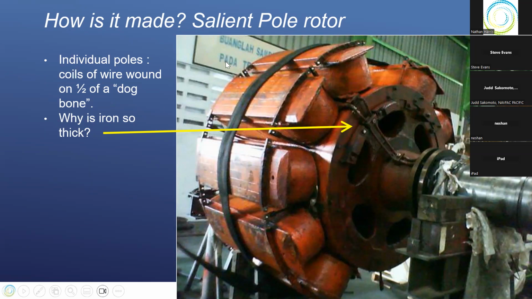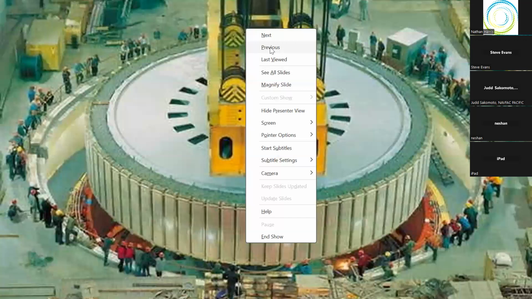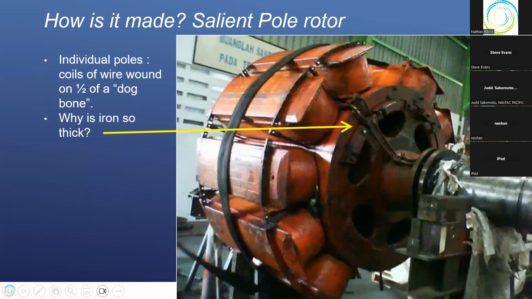If you look at this, you've got individual poles that are wound, and it's being held on by a strap right now because they took a couple off the bottom down here. They've taken one off here to be rewound. So something happened to these, probably turn shorts internally, and they were taken off and they're being rewound and put back on again and repaired.